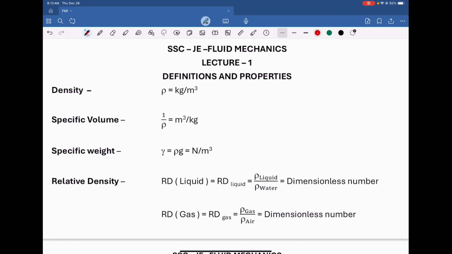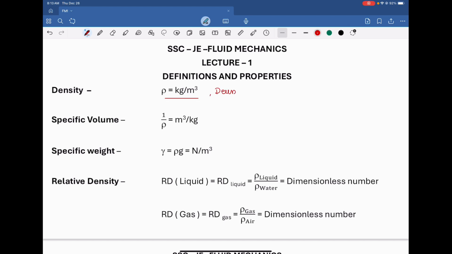Now next, a fluid is there. It is governed by what type of properties? Fluid will have properties. The first property which governs the fluid is density.